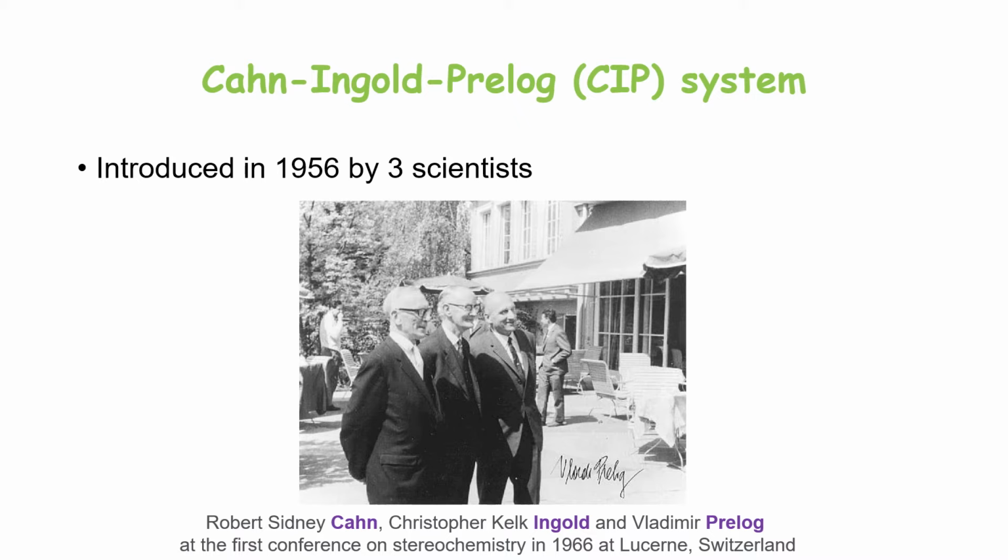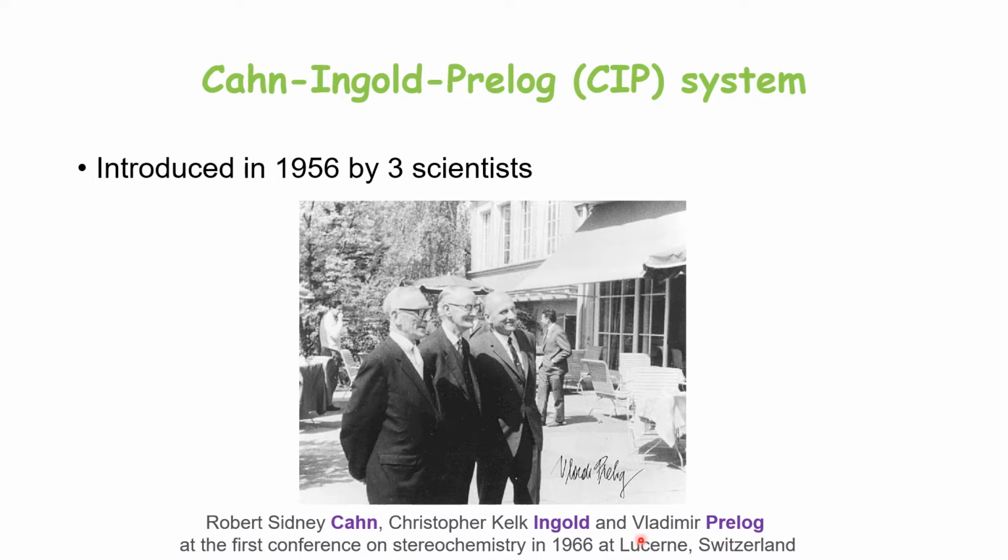Thanks to the team of three scientists, Robert Cahn, extreme left in this figure, Christopher Ingold, middle one, and Vladimir Prelog, extreme right. They made it very simple to assign configuration unambiguously. So they published their rules in 1956.